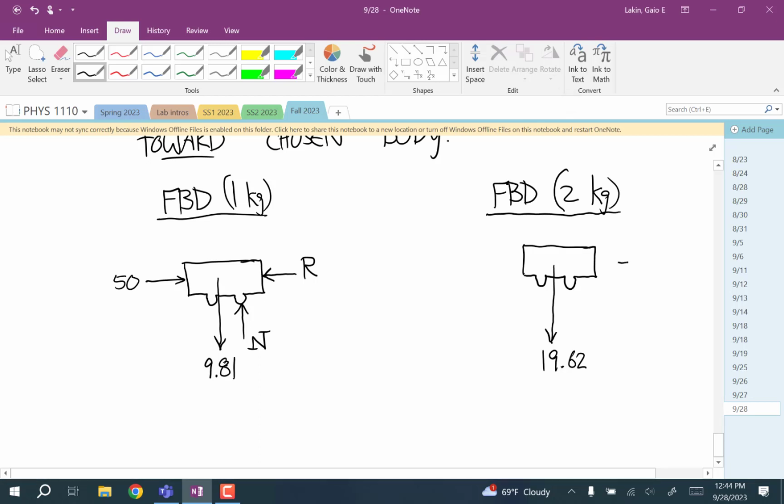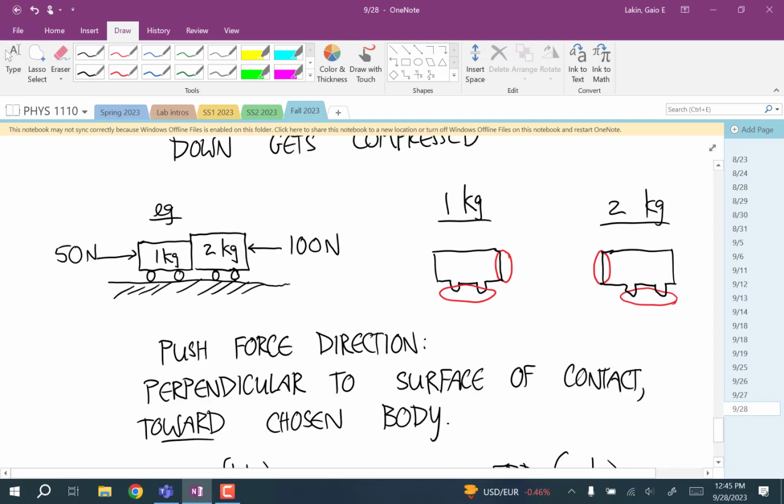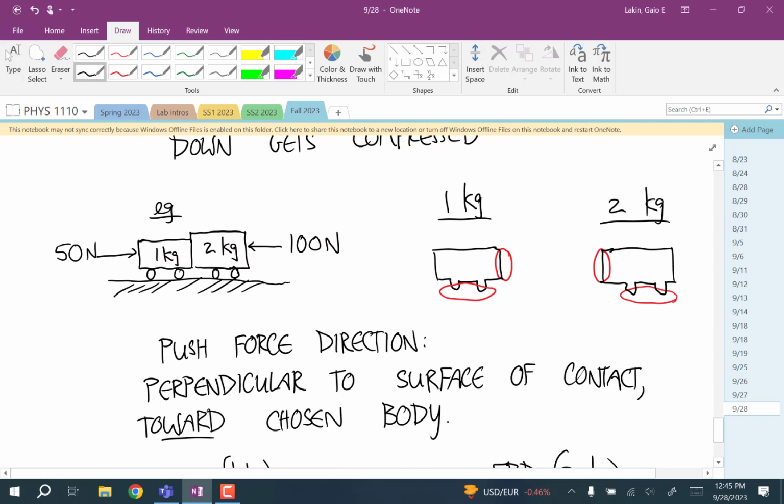The 100 Newton force acts on the boundary of this one, but not the 50. Because if you just look at the boundaries, they're just not on it. You're putting the weight, and then you're putting the stuff that happens to the boundary of that body. Okay?